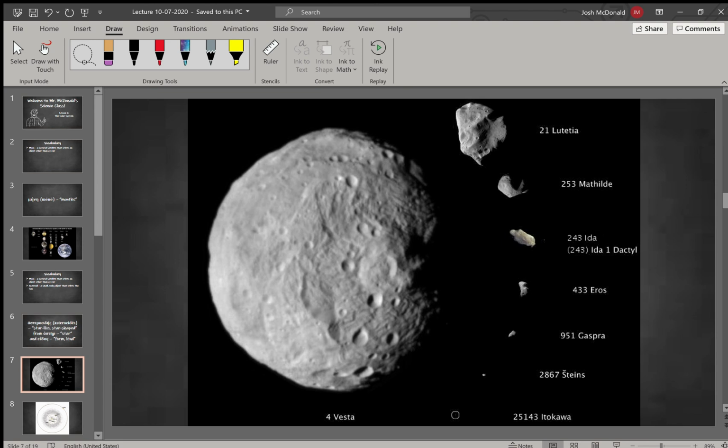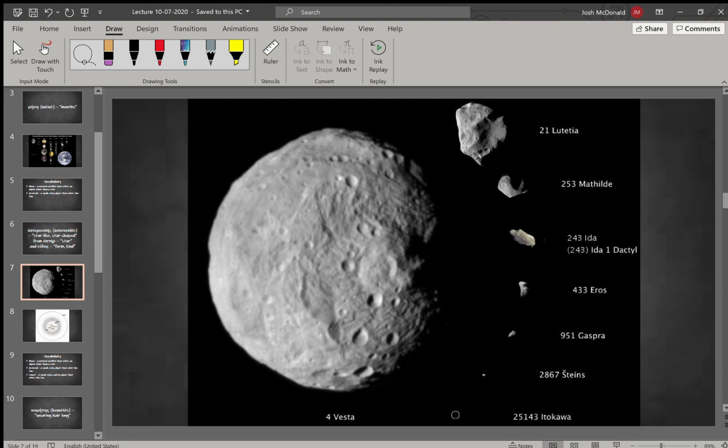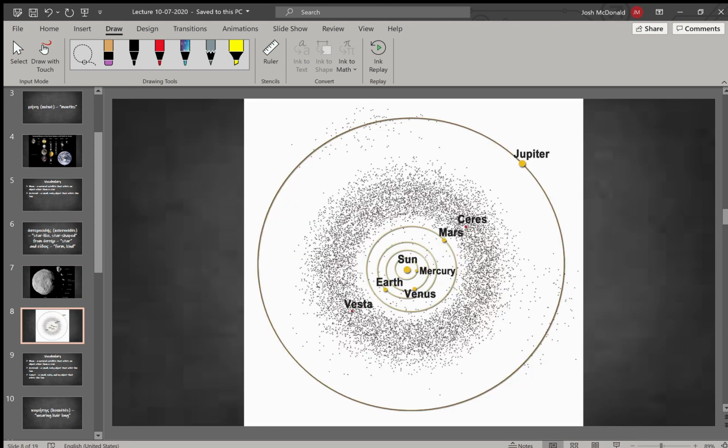And now asteroids are pretty numerous in our solar system. In fact, there is a belt of asteroids in our solar system between the orbits of Mars and Jupiter. So there's this entire area that's just filled with asteroids. And then there are some around the orbit of Jupiter as well.